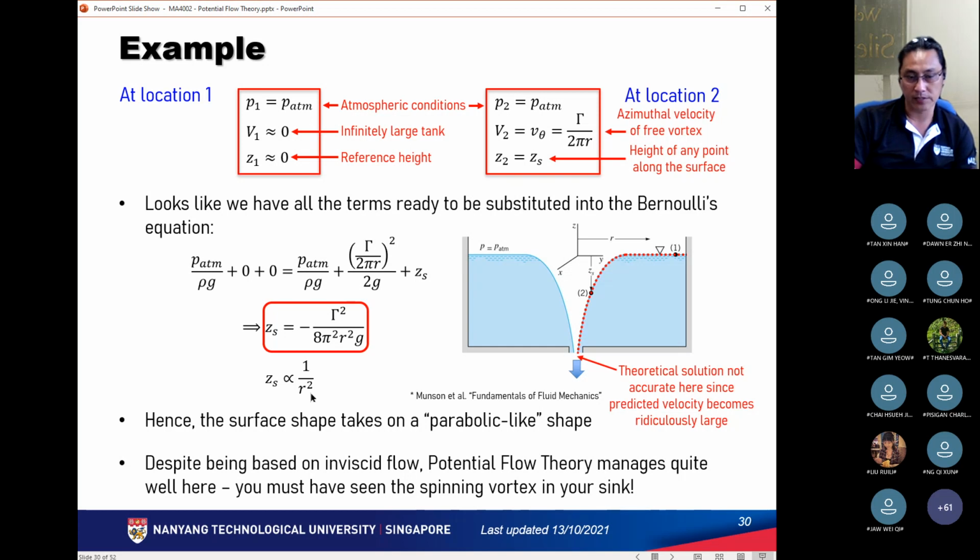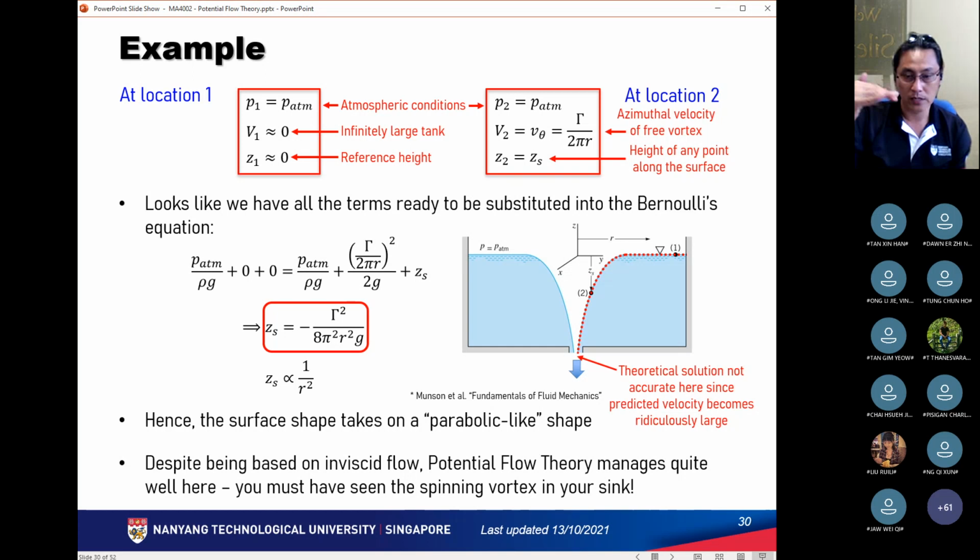And if it's r squared, the shape of the free surface here takes on this parabolic shape. Even though this is based on inviscid flow, because potential flow theory assumes 0 viscosity, this profile actually gives a very reasonable estimate of the change in the height.